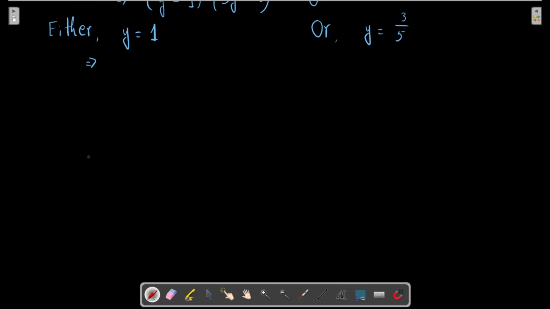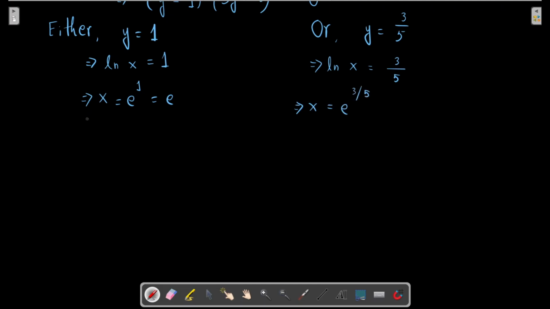So ln x equal to 1 implies x is e raised to the power 1, which is nothing but e. And on the other side we have ln x equal to 3 upon 5, which implies x is e raised to the power 3 upon 5. So these are the two roots.